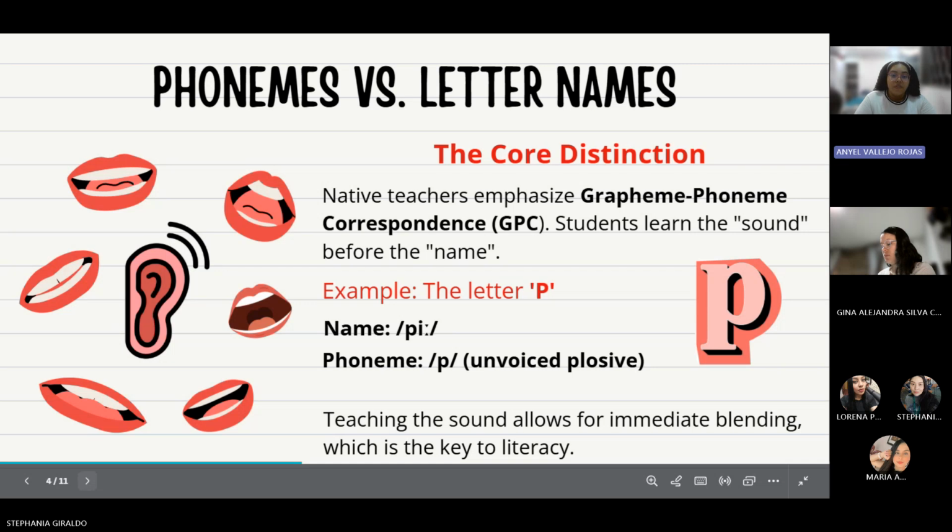For example, we have here the letter P, and it's not only taught as a P with a name, but also as the sound P. And this changes everything because students can begin blending sounds to read words naturally, instead of simply memorizing the words. Next, please.